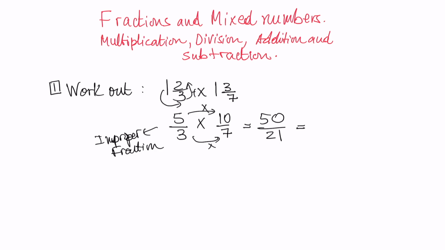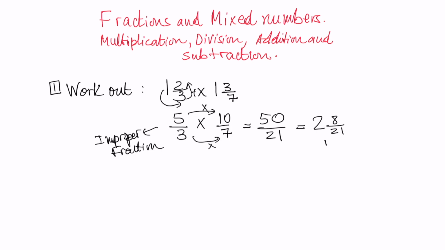So how many times does 21 go into 50? 21 times 2 is 42, and you have 8 left. 8/21, that's your remainder. So this is the simplest form.